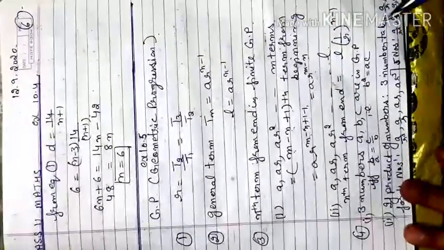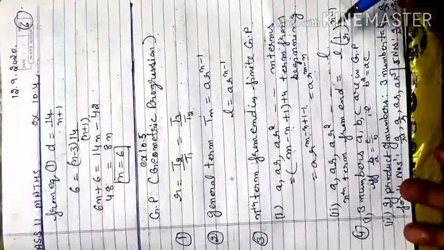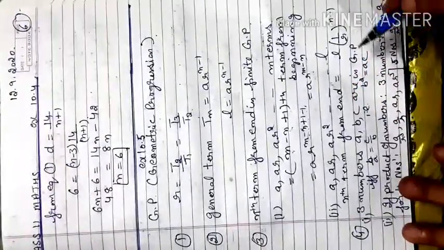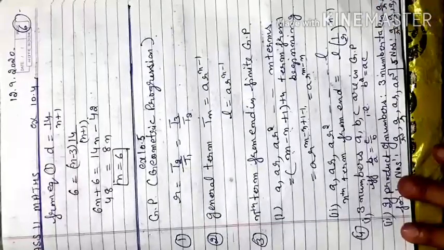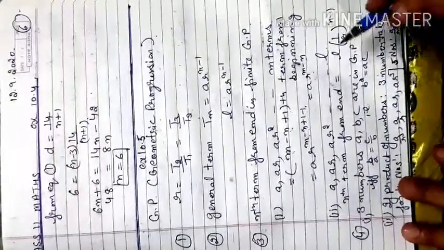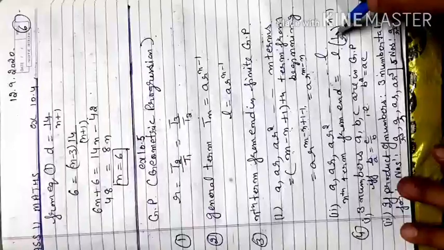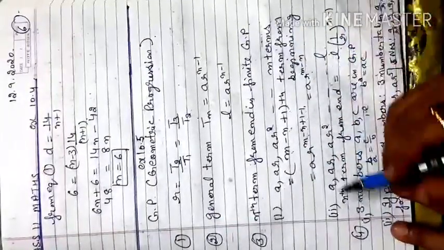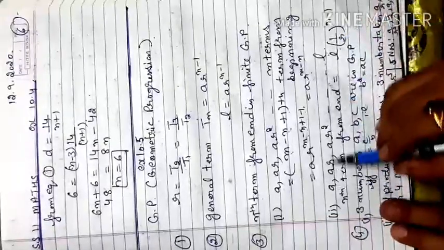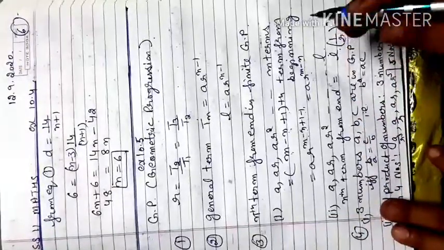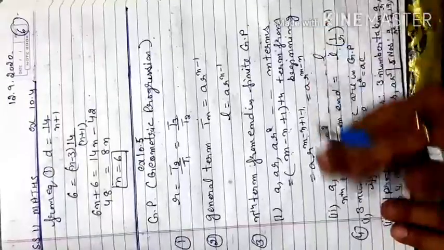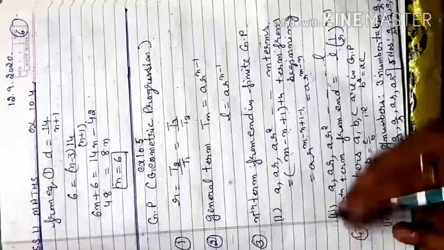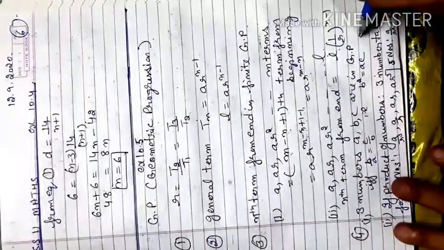So here if the last term is given, like in AP series, if we reverse the series, our last term becomes the first term. The same thing happens here: in place of a, there will be l, the last term, because if we reverse the series, l will be my first term and the ratio will be 1 by r, because when we move in increasing order, the r power will increase. But when we move from the last end to the back, like reverse order, your ratio will be reciprocal.